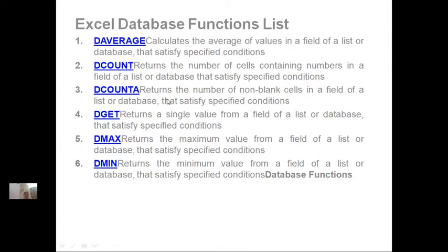Dcount A means it returns the number of non-blank cells in a field of a list or database that satisfy specified conditions. Non-blank means the cells which contain data.